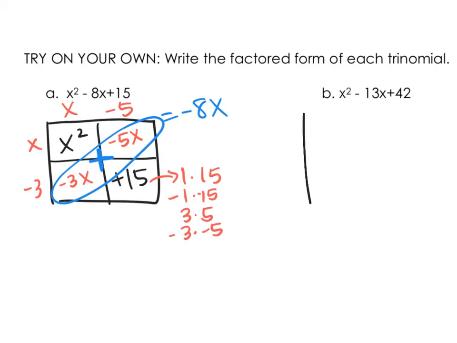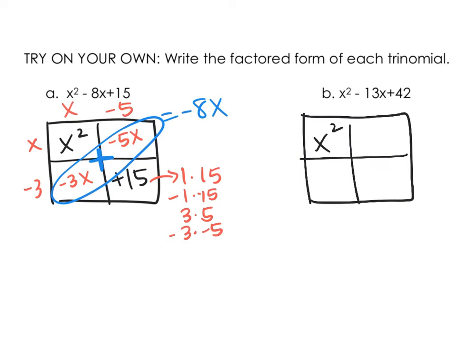Alrighty, looking at B, we got to fill out our box again. Multiply to be x squared, multiply to be 42, and our diagonals need to add to be a negative 13x. So when I figure out my multiples, there is a fair amount. 1 times 42, negative 1 times negative 42, because we're multiplying to be that positive.